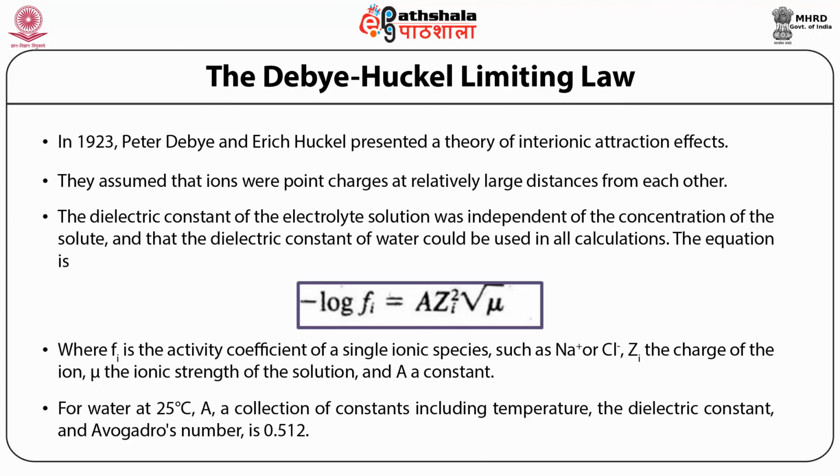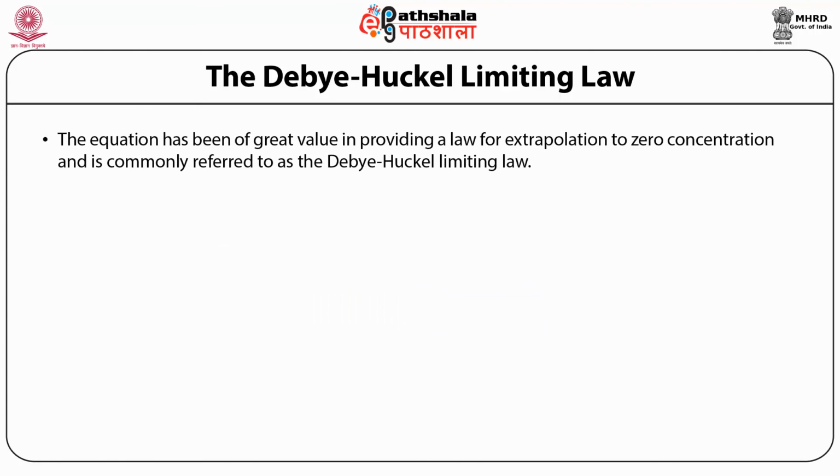For water at 25 degrees centigrade, A, a collection of constants including temperature, the dielectric constant, and the Avogadro number, is 0.512. The equation has been of great value in providing a law of extrapolation to zero concentration and is commonly referred to as the Debye-Huckel Limiting Law.